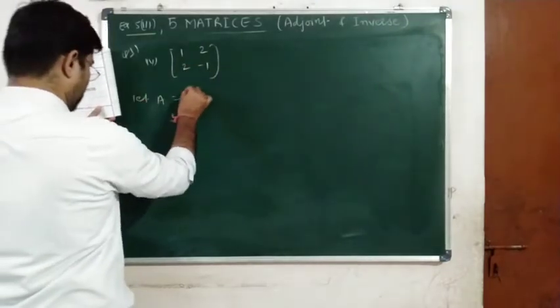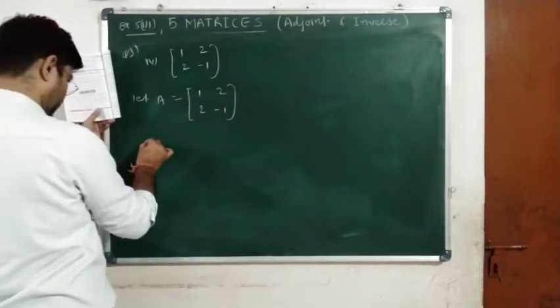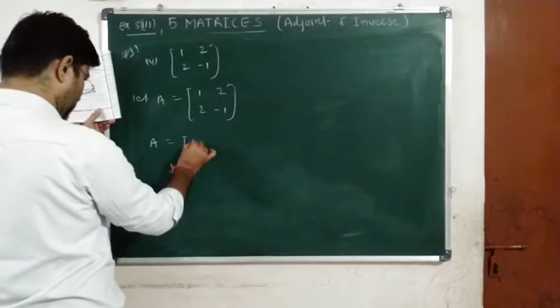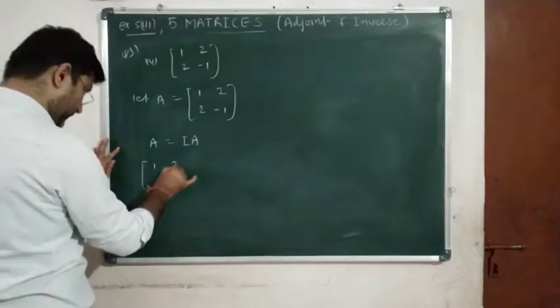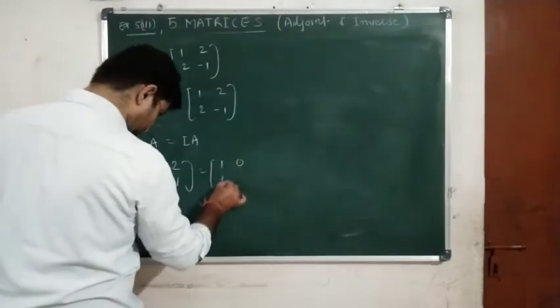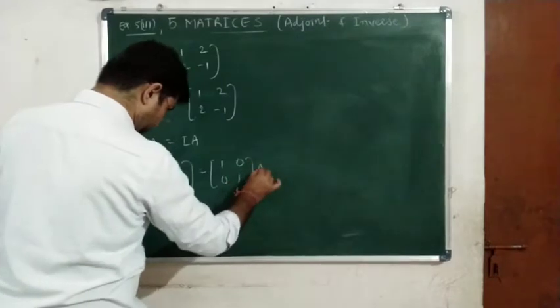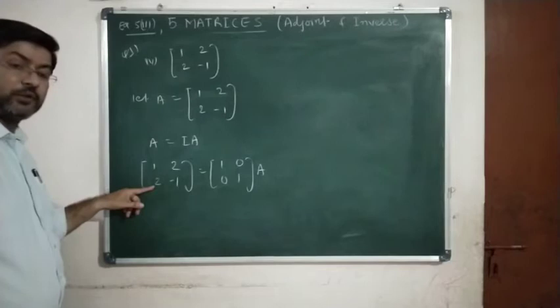Let us name this matrix A. Now we know that A equals IA. Matrix A, 1, 2, 2, -1, equals 1, 0, 0, 1 into A, which we keep as it is.